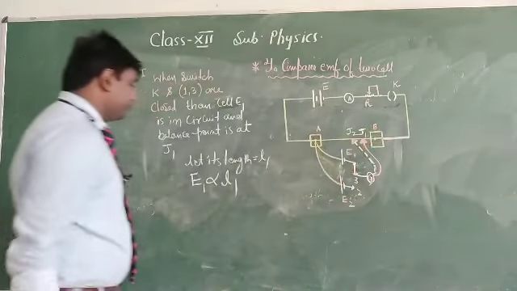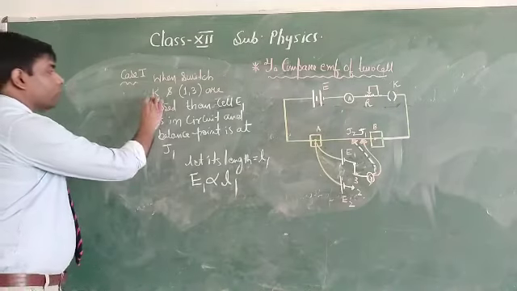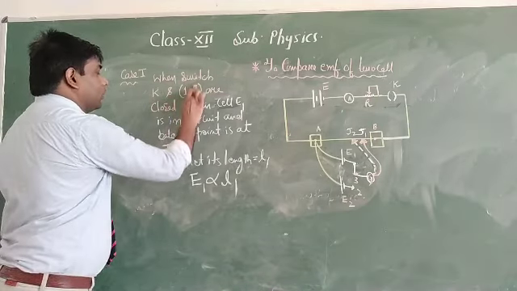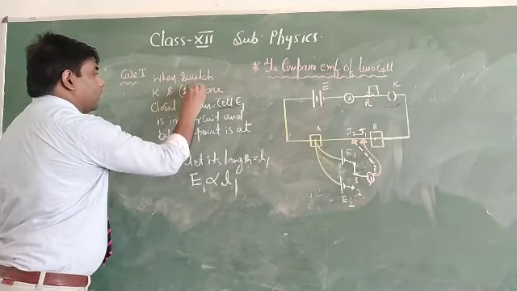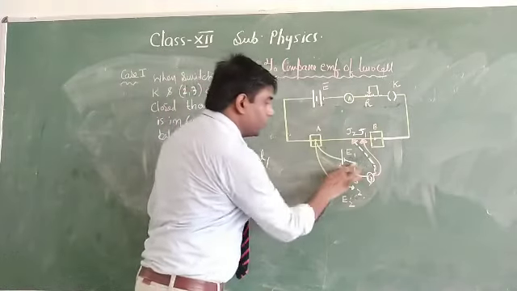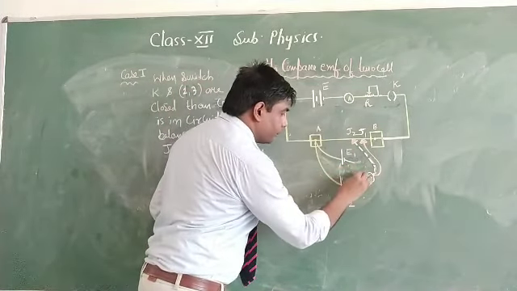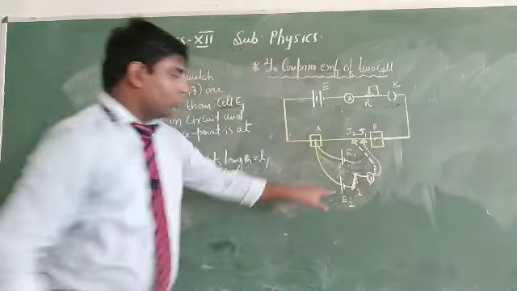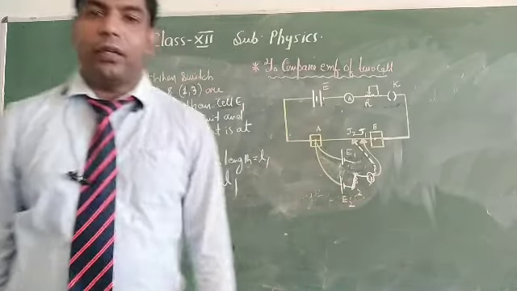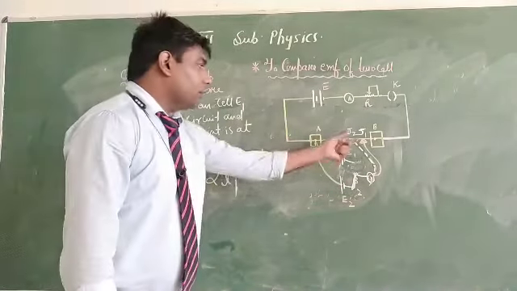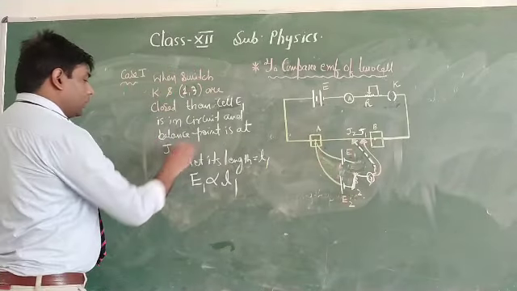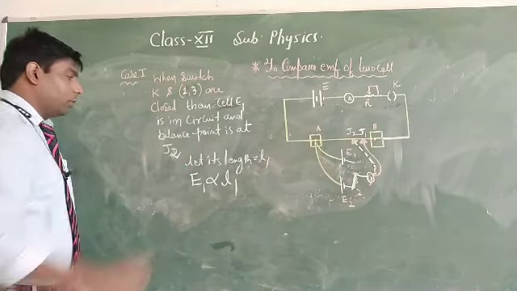Second case: if we close switch K and switch 2 and 3, now see, this is open and this is closed. So in the circuit, cell E2 will be in the circuit, and let us say the balancing point is at J2.